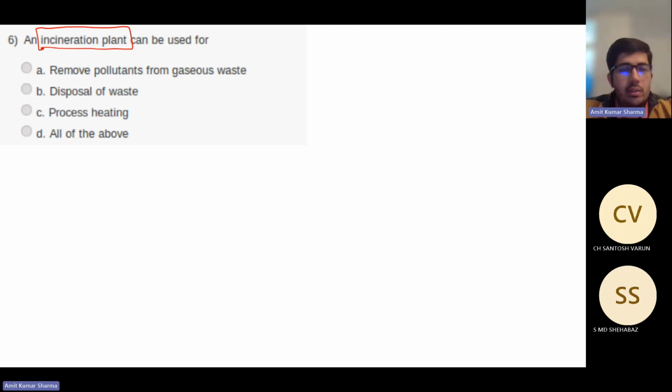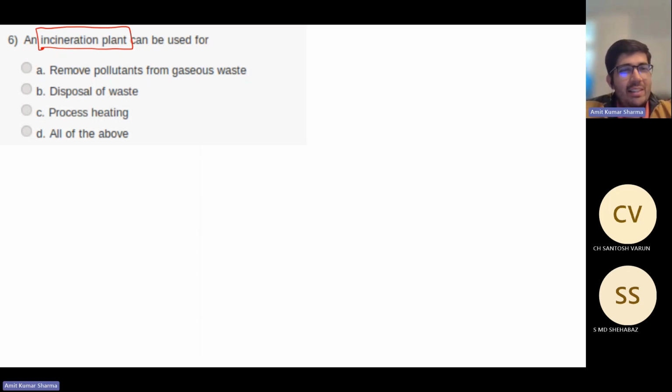Now think about the answer. If that is the case, then it will be all of the above. Why? Because process heating also will be a part of the incineration plant. That's why I underlined that point.